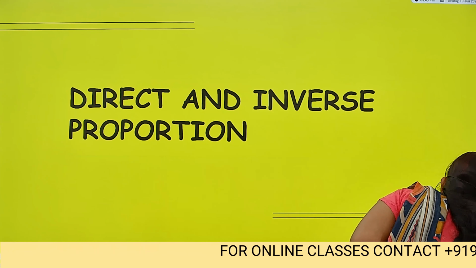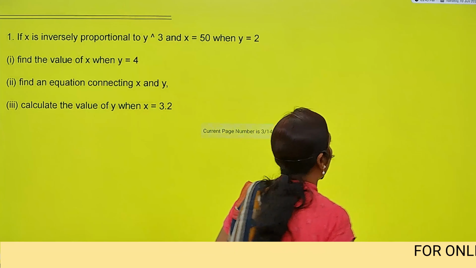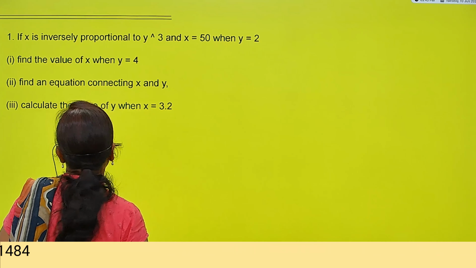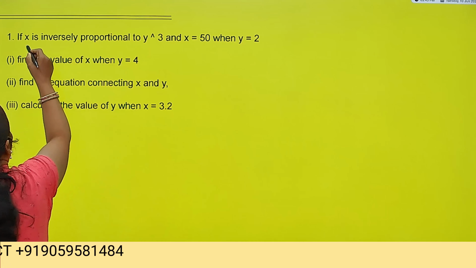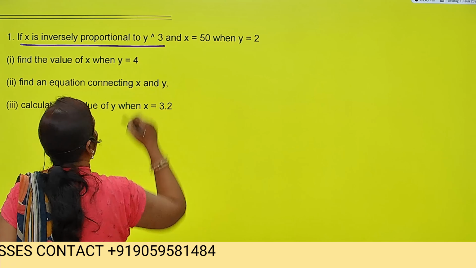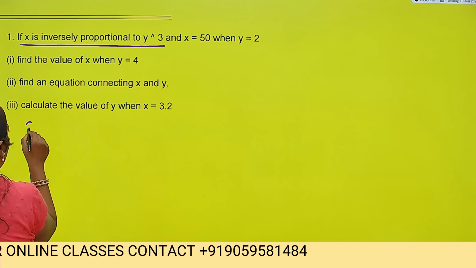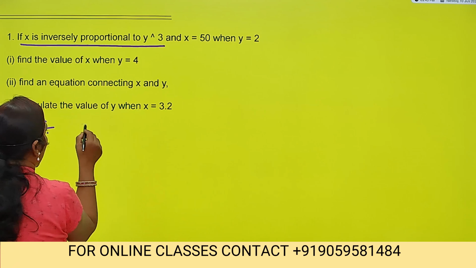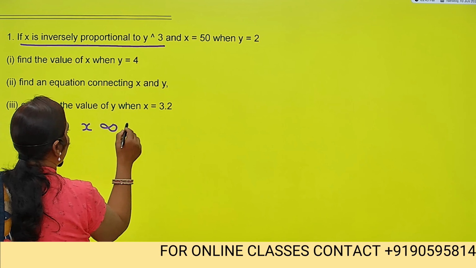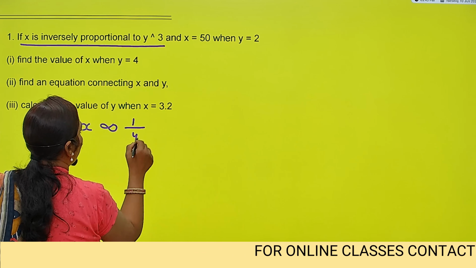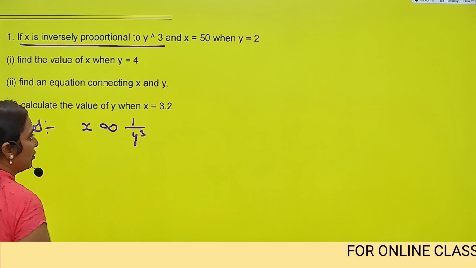Here the first question is, if x is inversely proportional to y cube, how to write that? X is inversely proportional to y cube means x is proportional to 1 over y cube.